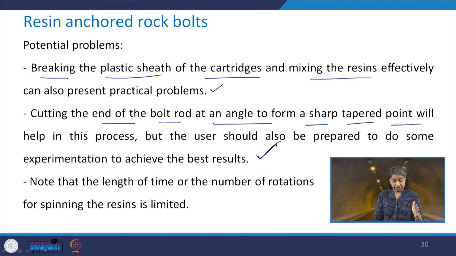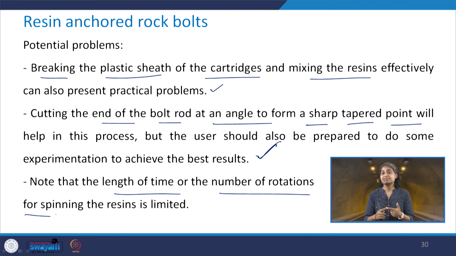Keep a note that the length of time or the number of rotations for spinning the resins is limited, because the setting time is short for fast setting anchor resin. So you need to be careful about these two factors: the setting time and the number of rotations needed for spinning the resins.